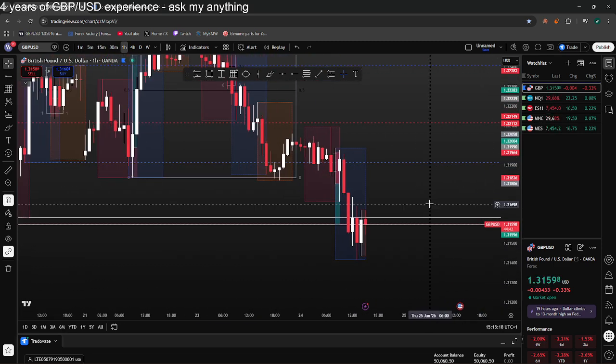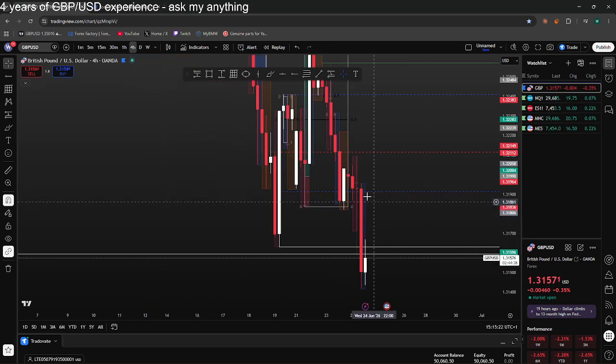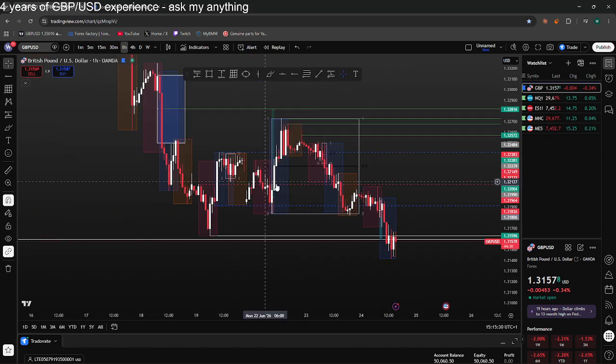All the liquidity isn't that strong. If you look on the 4 hour, it's a lot more obvious because you've got this high and this one high here, and then it's just like a line. It's very support and resistance looking price action, which I just don't want to trade, so I'm not trading.